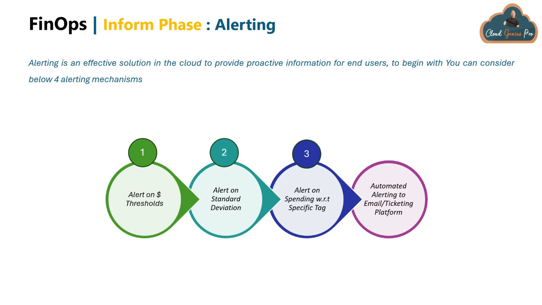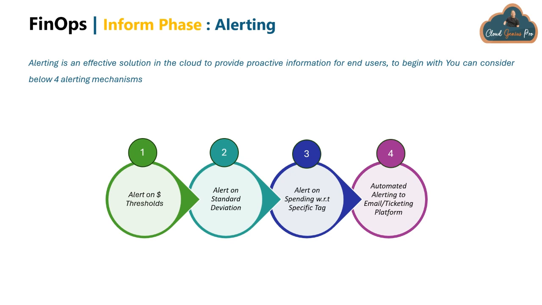And then automated alerting also should be there so that these alerts go either to email or a ticketing platform. The ticketing platform is the preferred solution because somebody will be there to validate the tickets or incidents.